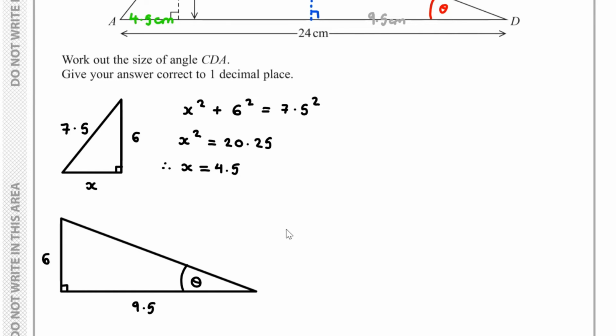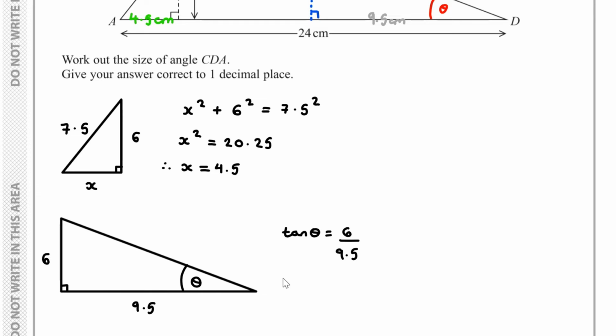So tan theta is equal to the opposite, which is 6, over the adjacent, which is 9.5.